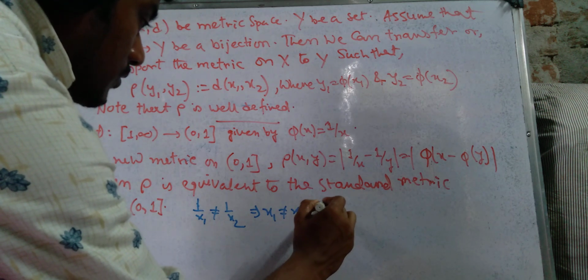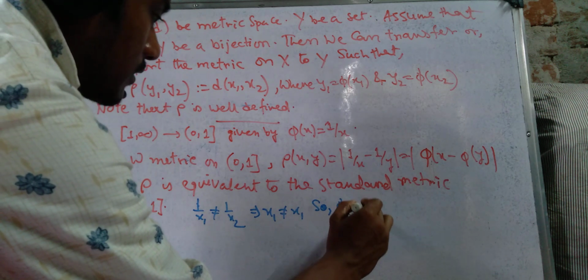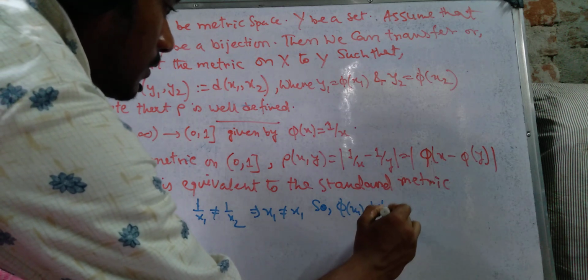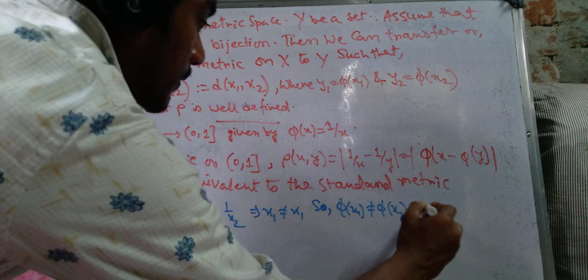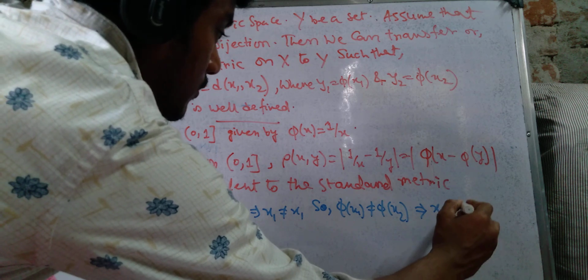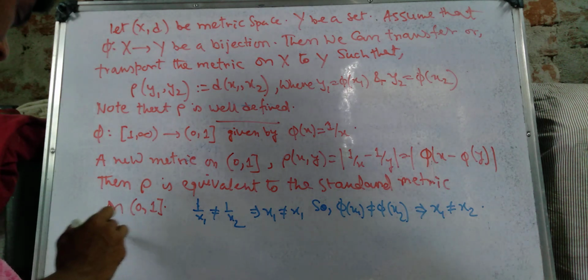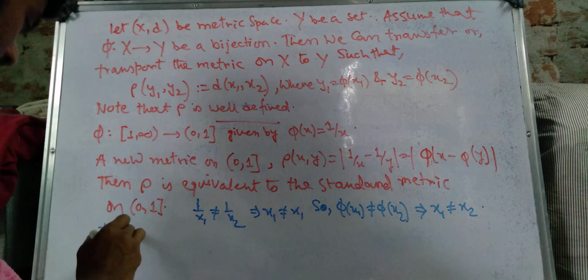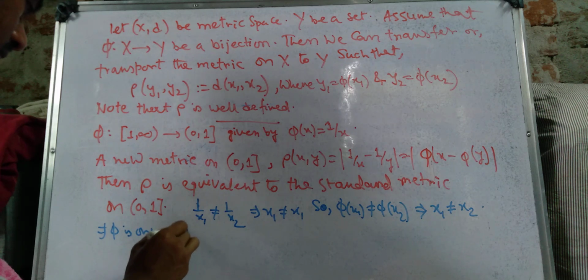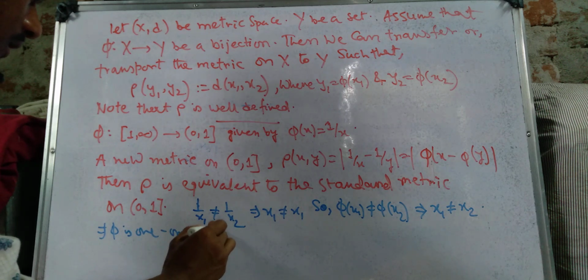So phi of x1 not equal to phi of x2 implies that x1 not equal to x2. Hence phi is well defined. Okay, and this implies phi is one-one, that is injective.